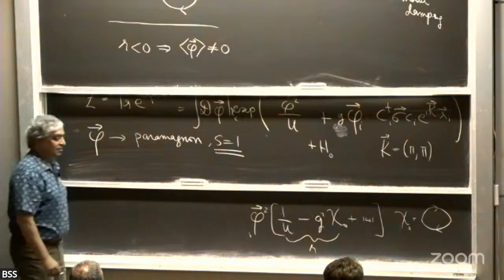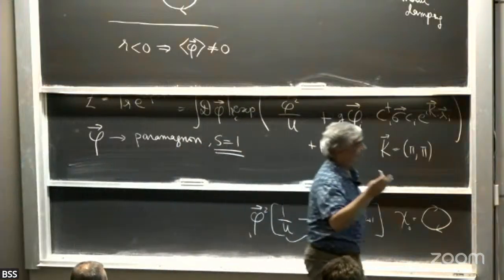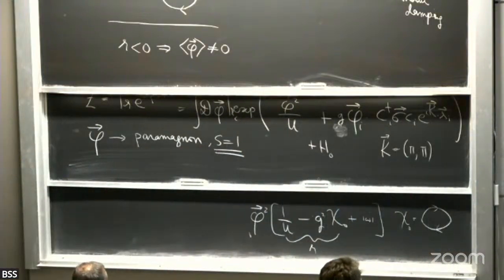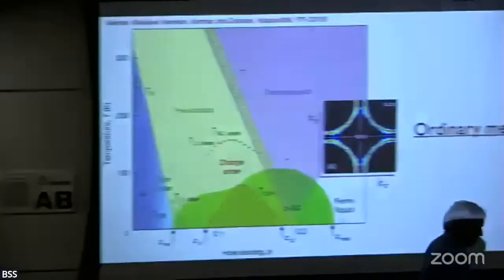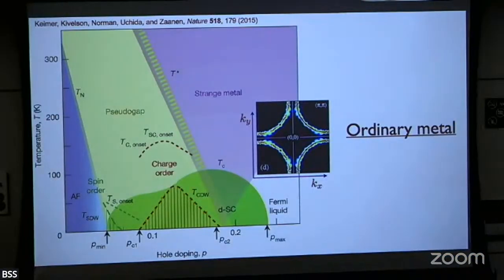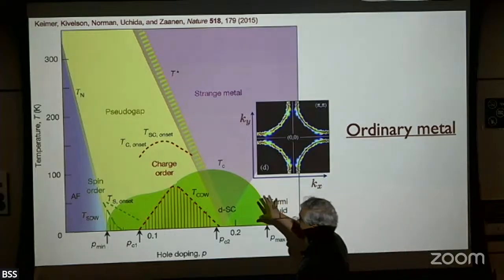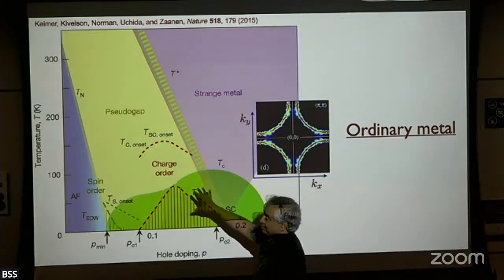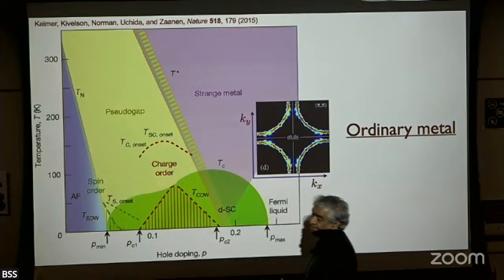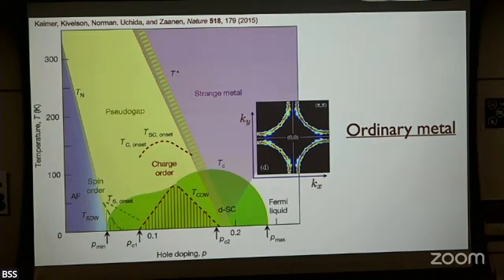Okay. I believe, and I think most people are starting to believe anyway. I think Andre also agrees with me now. So Andre, to his credit, has done some very careful calculations, starting from this side, and then turning up the coupling and seeing if you get anything like the pseudogap. Now, that particular theory turns out to work quite well in the electron-doped cuprates.